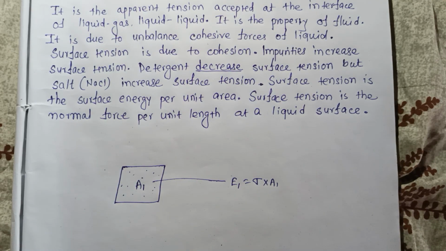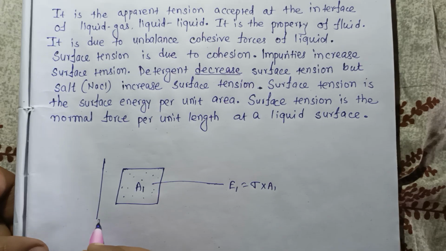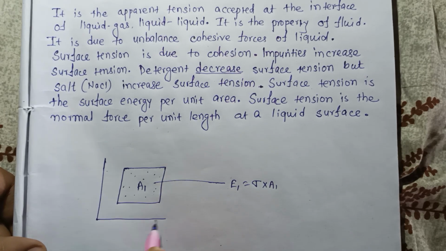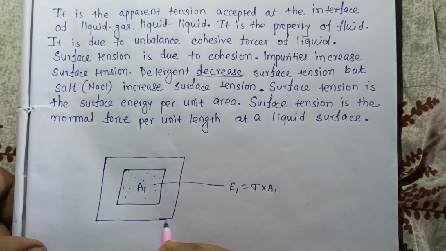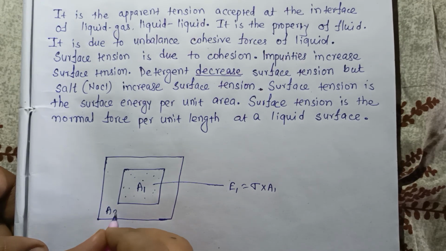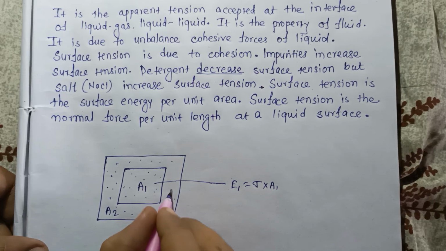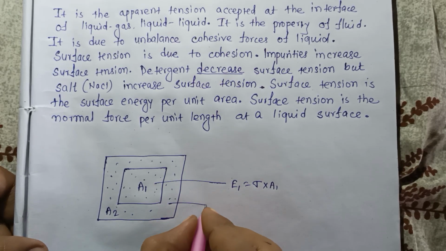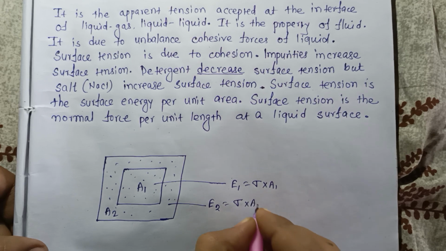Now there is another area, which is larger as compared to A1. Consider this is area A2. What is the surface energy E2? That is sigma into A2.